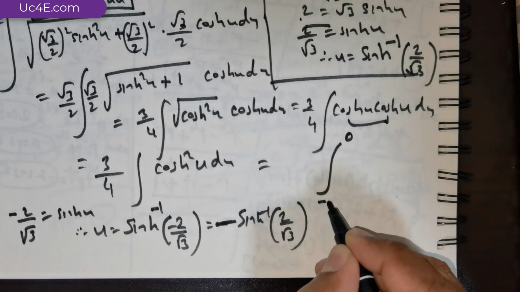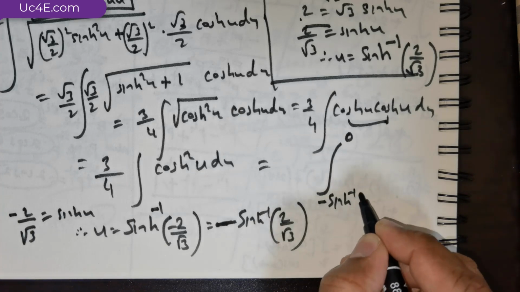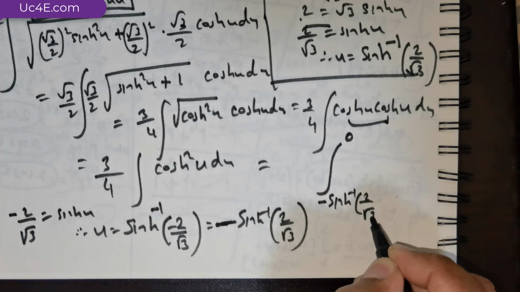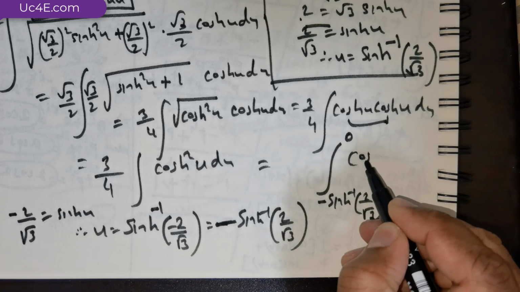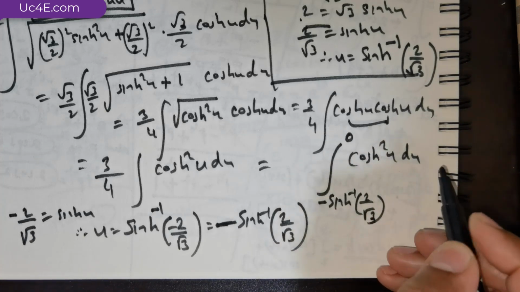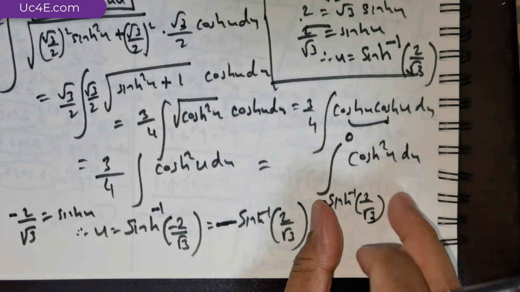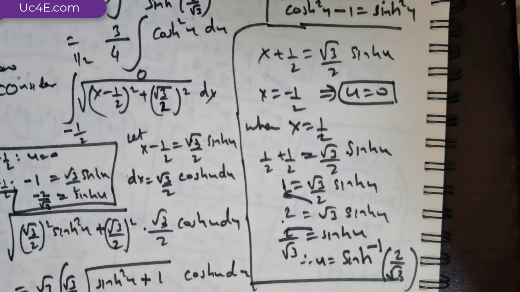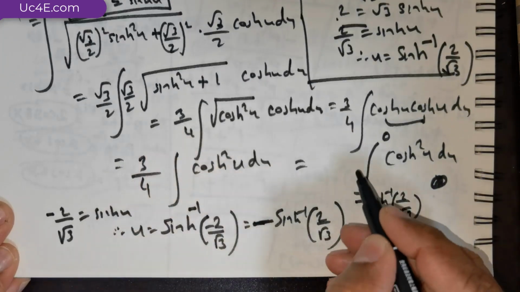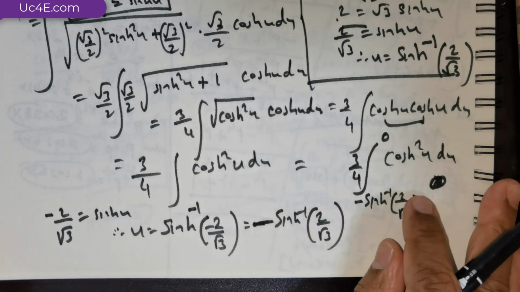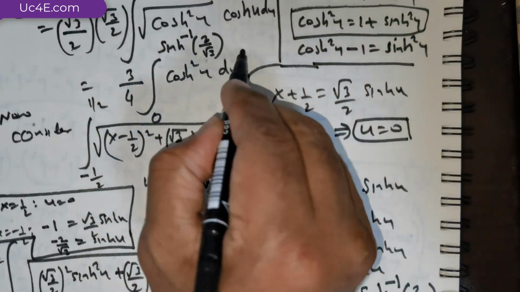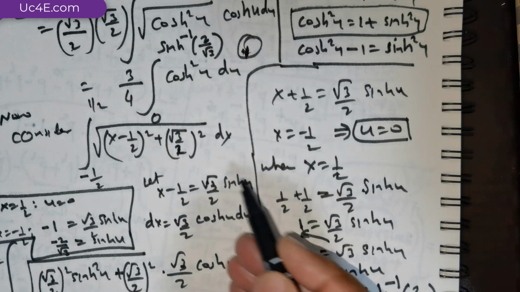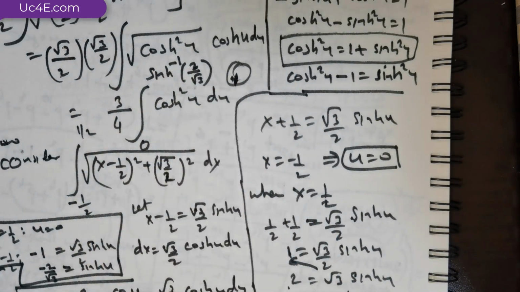The lower limit is negative sinh inverse of 2 over root 3 times cosh squared u times du. Now this is the second part. So I need to take this part. Okay, of course there is a 3 over 4. I need to place the 3 over 4. I need to take this part and this part, add them together, then perform the integration.